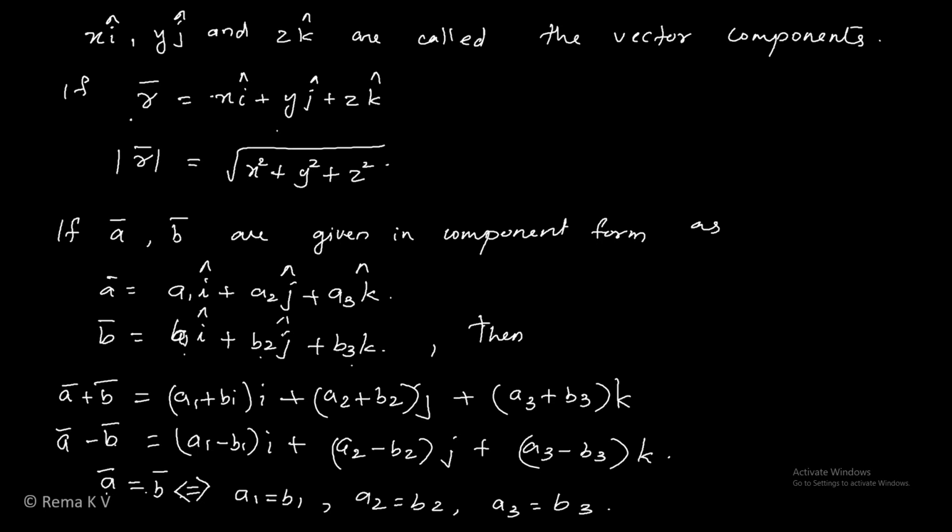Then b1, b2, b3 are the scalar components of vector B. Then b1i, b2j, b3k are called the vector components of vector B. Then we define addition and subtraction of vectors. Two vectors are equal only if their corresponding scalar components are equal.